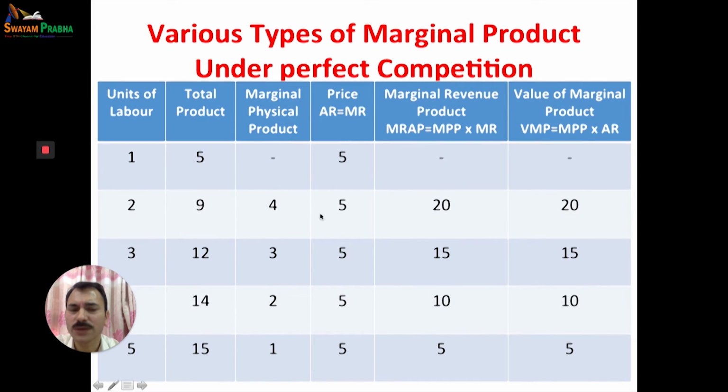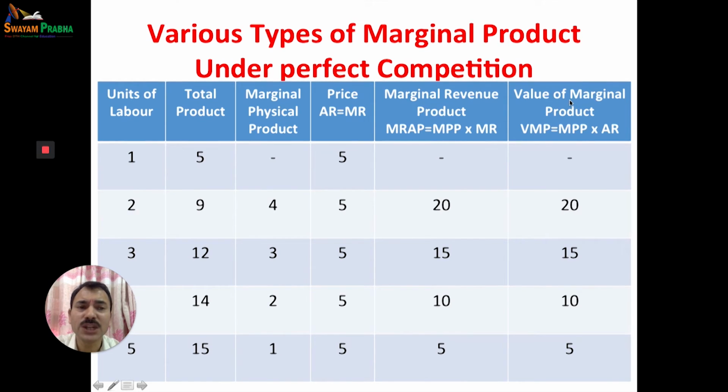So 4 multiplied by 5 is 20. Similarly, MPP here is 3 and MR is 5, so MRP is 15. Then 2 multiplied by 5 is 10.